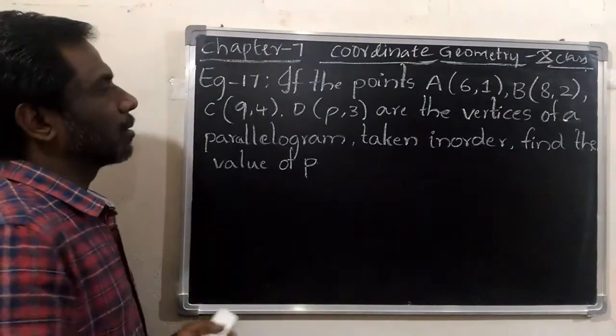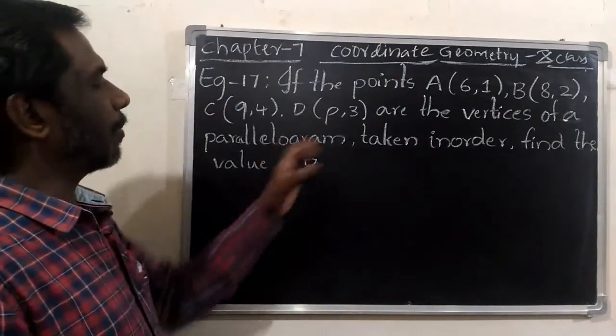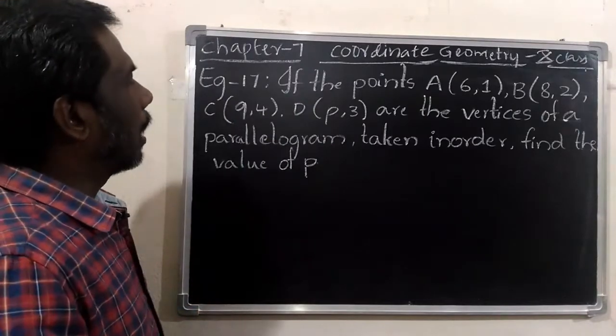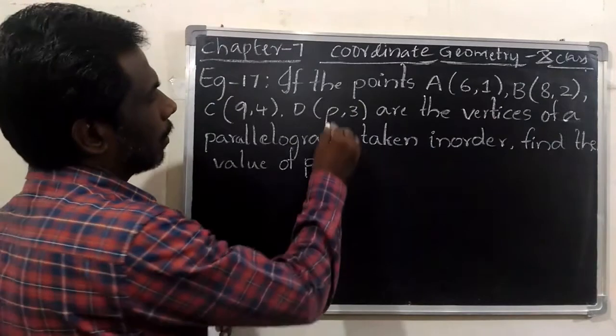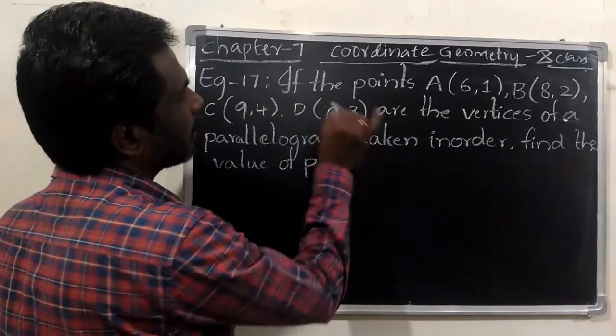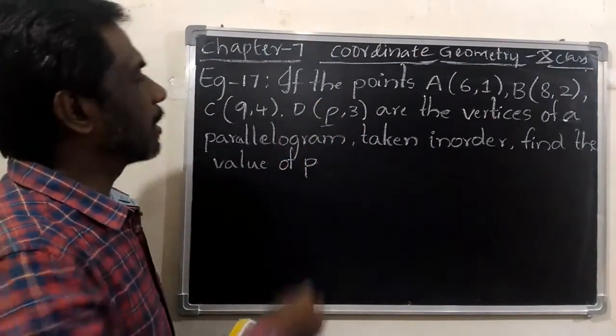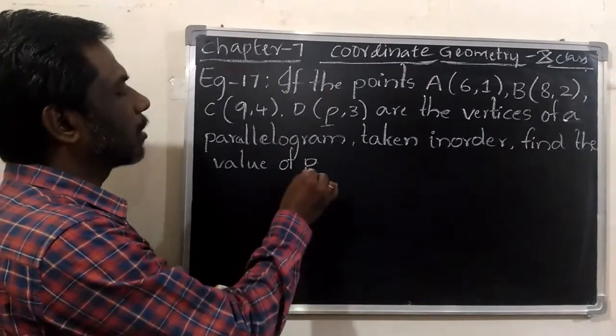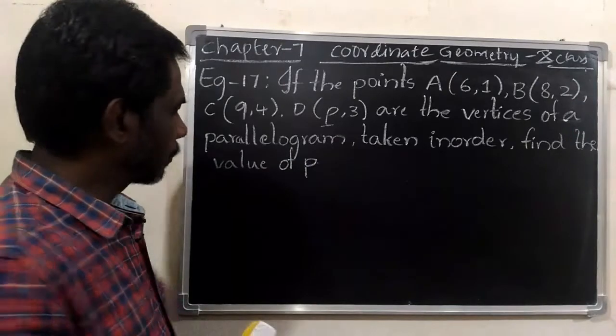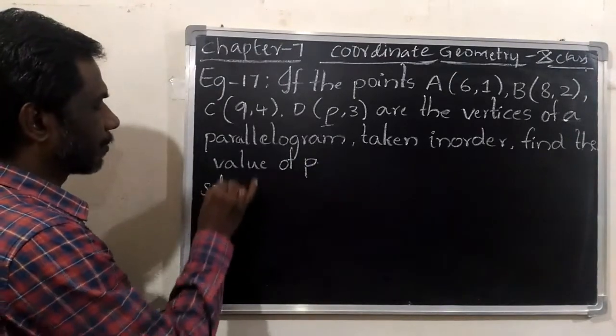So in this question they have given the vertices of the parallelogram, and in the fourth vertex the x coordinate is missing, which is given as p. They are asking to find the value of p. So let us solve this question.